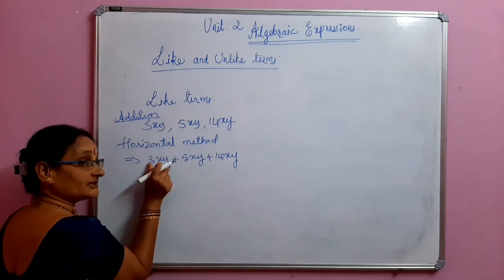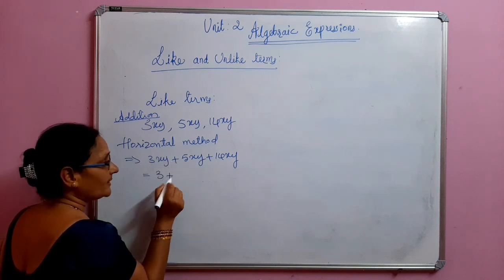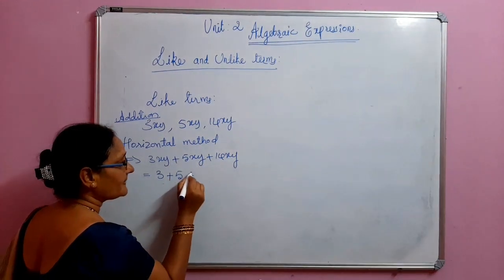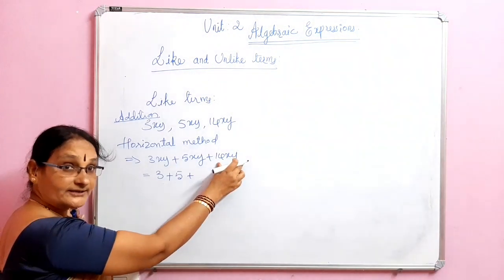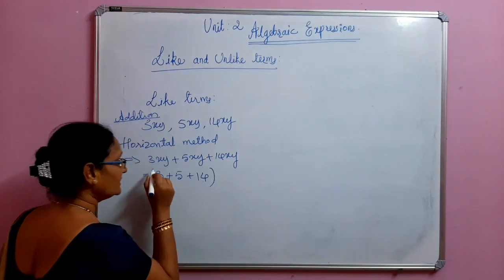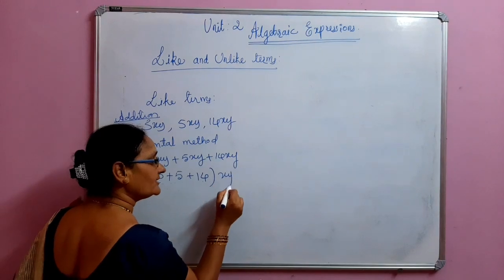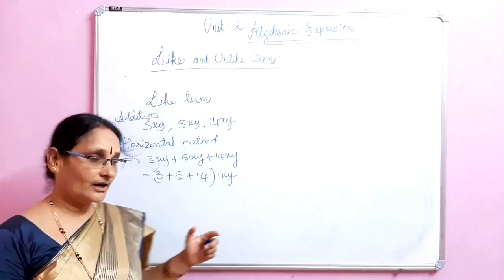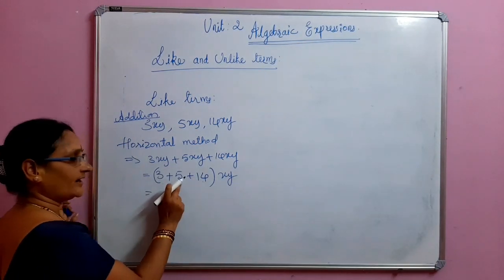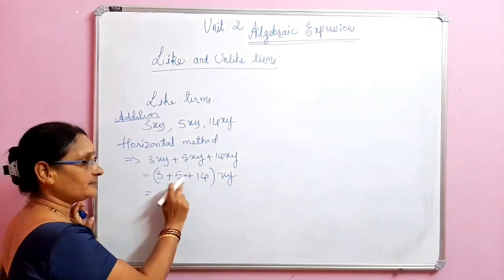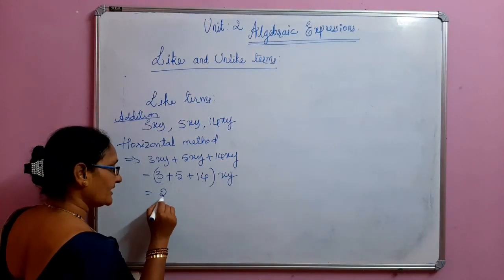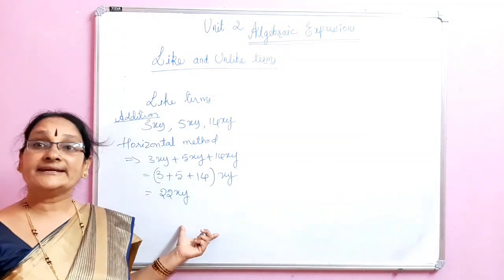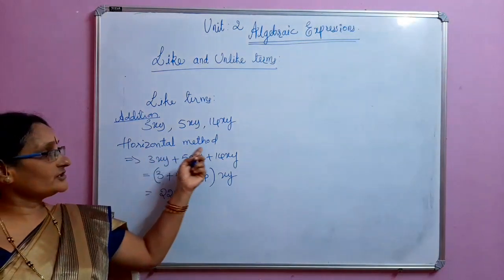Numerical coefficient of 3xy is 3 plus numerical coefficient of 5xy is 5, numerical coefficient of 14xy is 14. In all these terms xy is common, so you keep it outside the bracket. Now you just add them. 3 plus 5, 8. 8 plus 14, 22xy is the answer. This is addition of like terms by horizontal method.